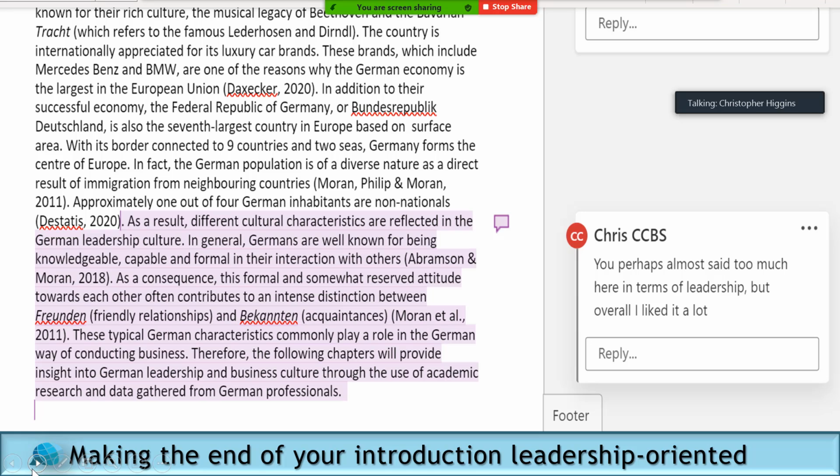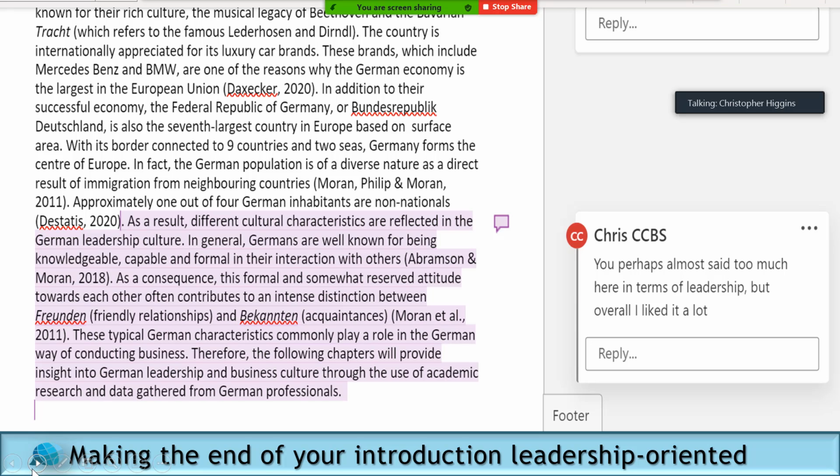So many of the teams will recognize this, who are either watching live tonight or watching later. There's so much feedback in the introductions where I say you guys still need to have a transition to talking about leadership. So again, have a look at this in your own time. I'm not saying it's perfect, it's perhaps a little bit too detailed, but nevertheless, by the end of the introduction, no one is under any illusions what the chapter is about.